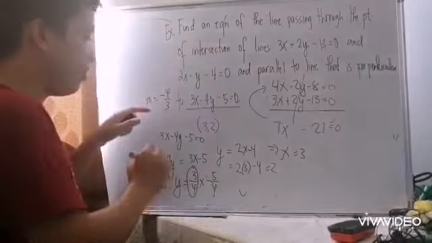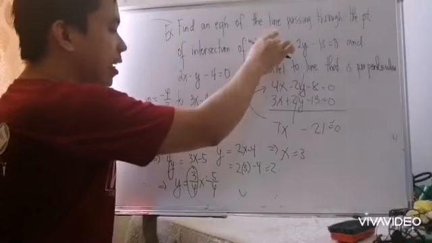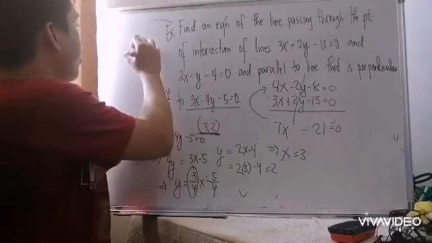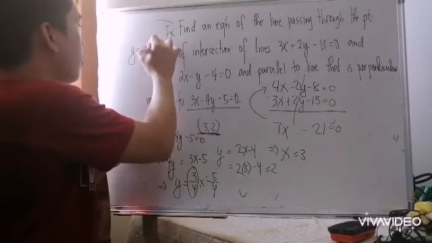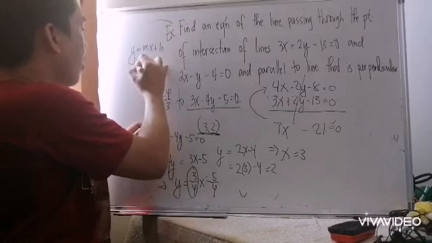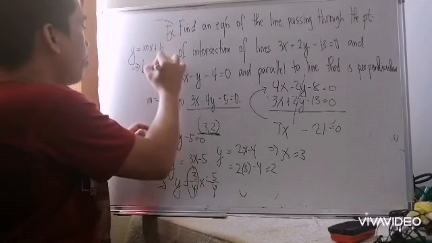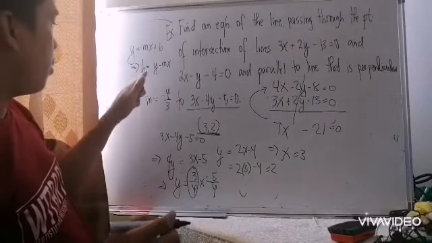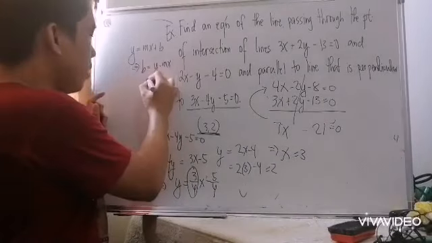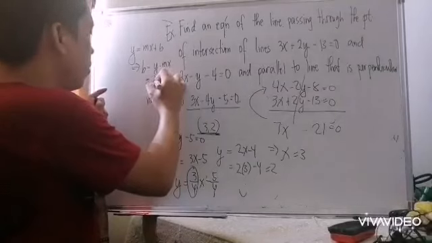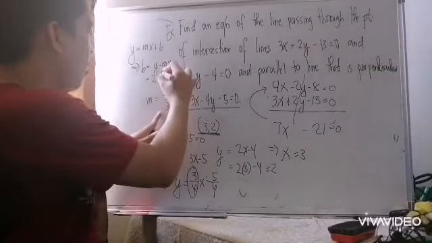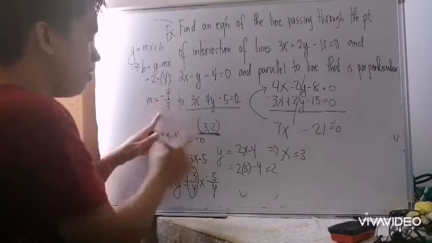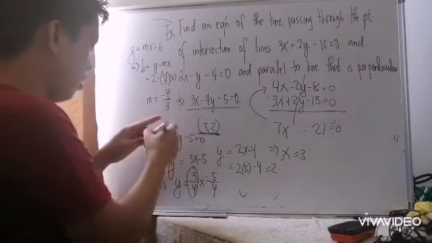Now, because the line here passes through this point, we'll have to solve first the y-intercept. So solving for y-intercept again, b equals y minus mx. Okay, so our y here is 2. Our m is negative 4 over 3. And our x is 3.